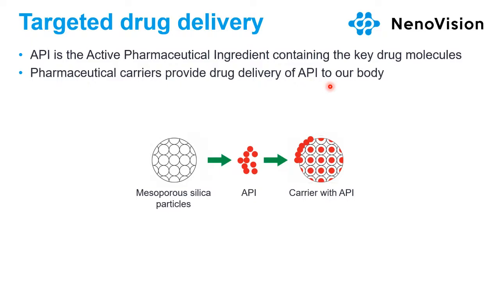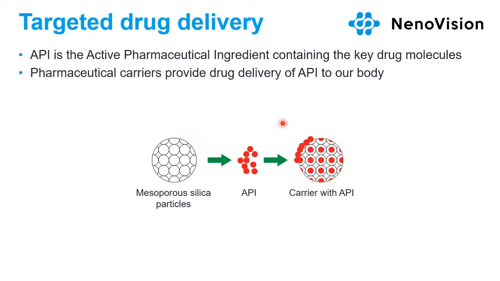So in order to understand, if you're not familiar with pharma, we're going to talk about and have a look at API. It is an active pharmaceutical ingredient which contains the key drug molecule. And these are pharmaceutical carriers, and they are here to provide drug delivery into our body.